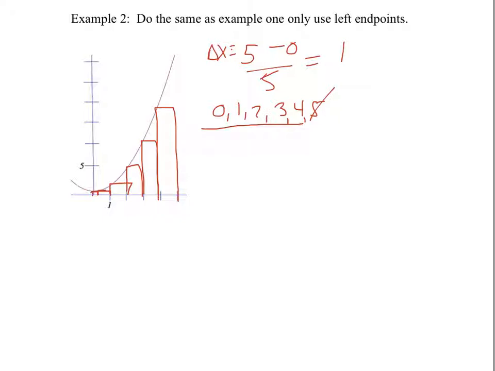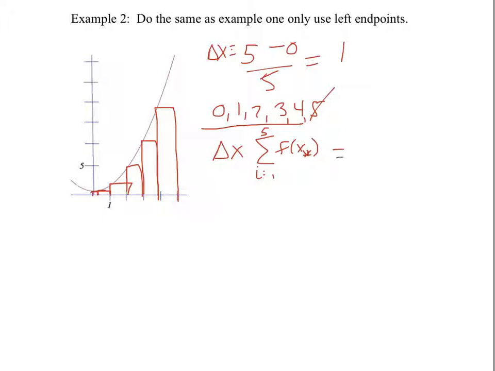So again, we know we're going to have change in x times our summation of f of x_i star. So this is our summation, and we know that we're going to have 5 of them, 1 to 5.